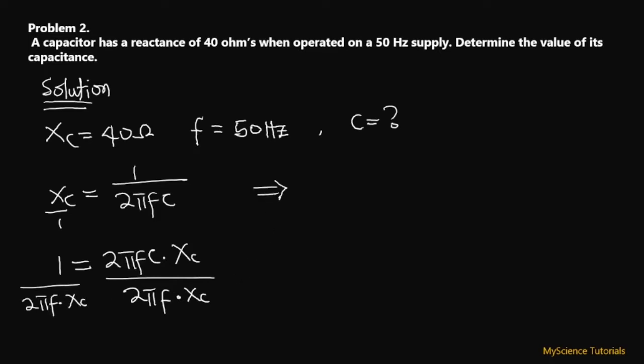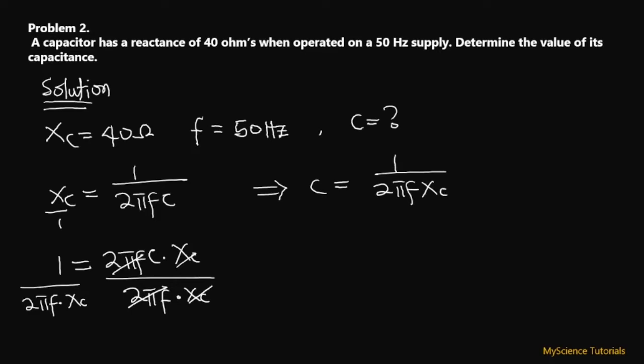If we cancel everything here, we're going to have just the capacitance C equal to 1 over 2 pi F XC.